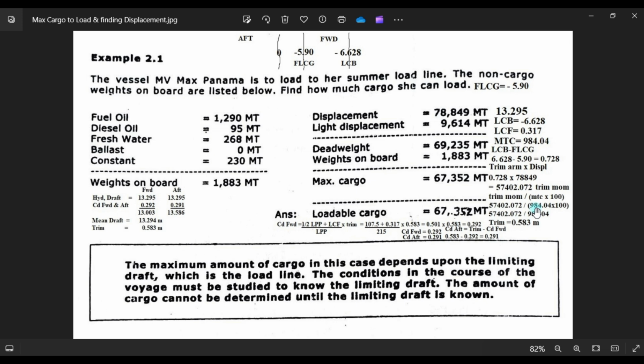MTC is 984.04, times 100, and the value of this will be 98,404. So the trimming moment divided by 98,404, your trim will be 0.583. This will be the trim.